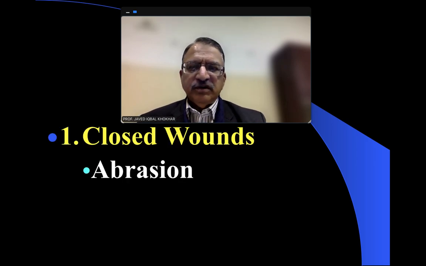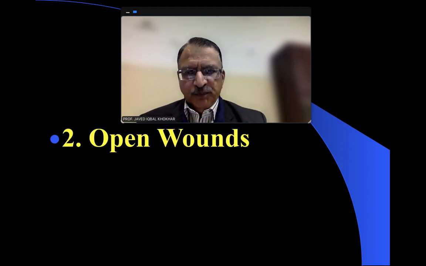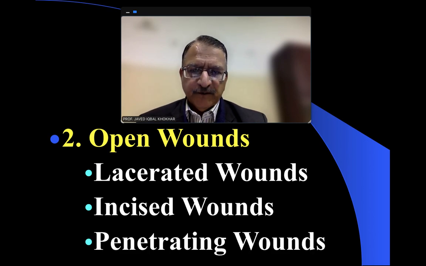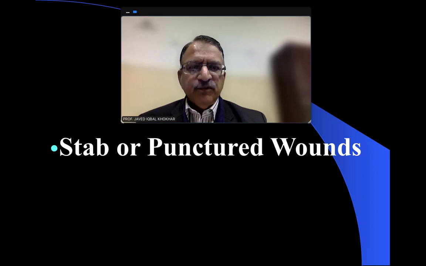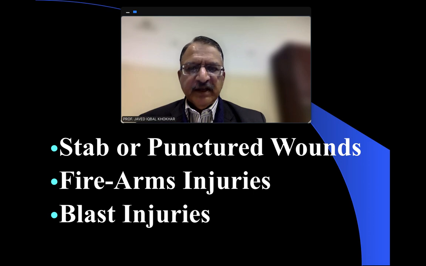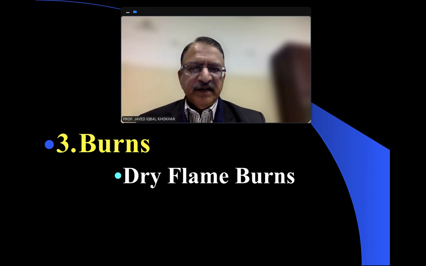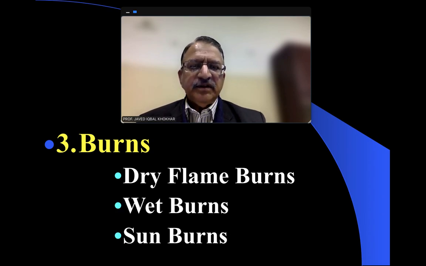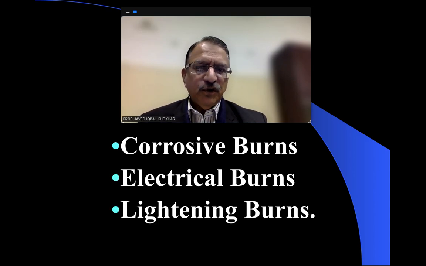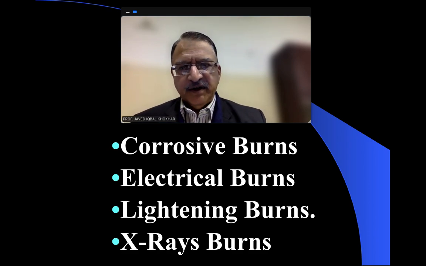The closed wounds can be abrasion, bruises, contusion, and the open wounds can be the lacerated wound, the incised wound, and penetrating wounds. Similarly, the stab wound, puncture wound, firearm injury are all open wounds. Blast injuries. Then the burns can be either dry flame burn, wet burn, sunburn, corrosive burns, electrical burns, lightning burns, X-ray burns; they are the anatomical disfigurement.